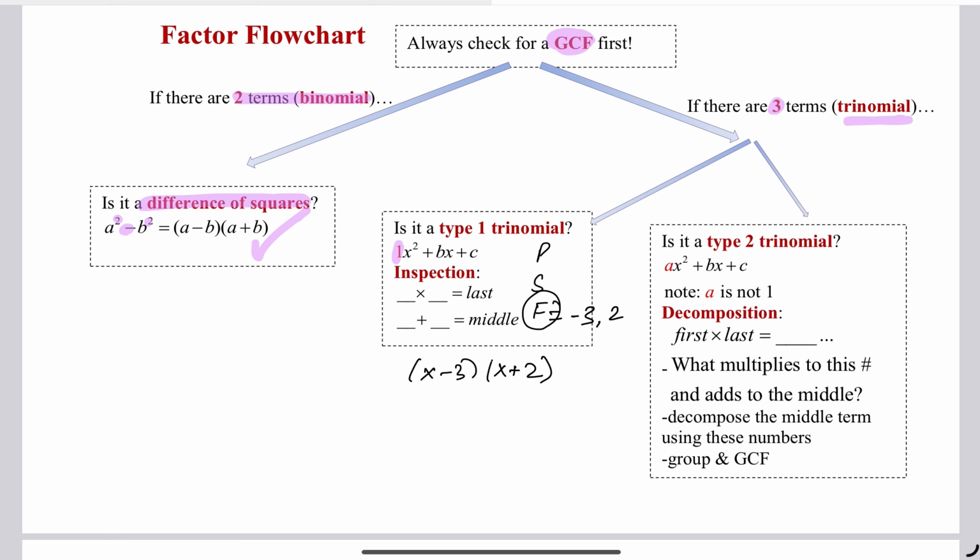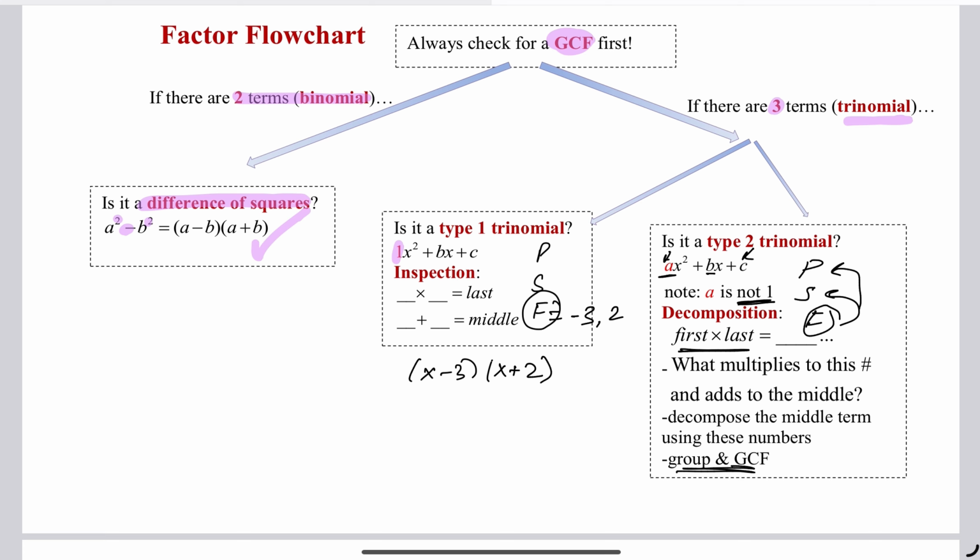Type 2 trinomial, when a is not 1. Then you'll have to see the multiples of the first and the last term. A and C will be your product. Your sum would be b, and your factors need to add to the sum and multiply to the product. And then you just break them into 2 pieces, group, and find the greatest common factor.